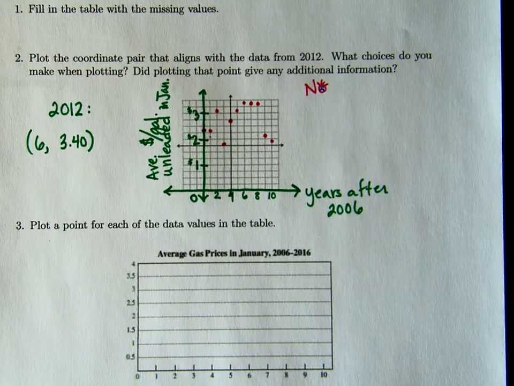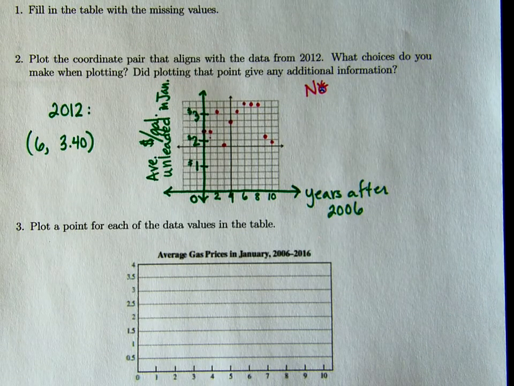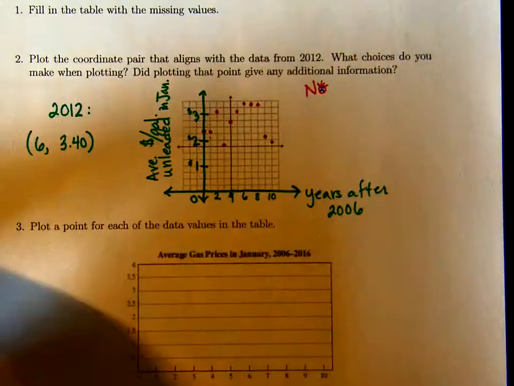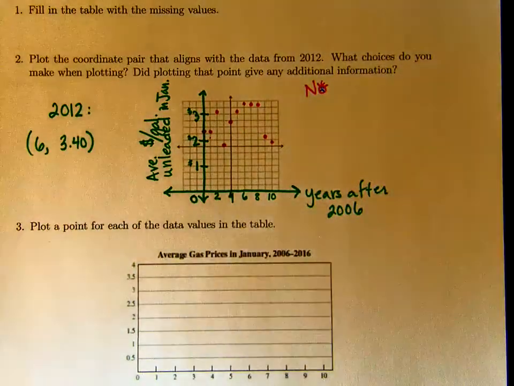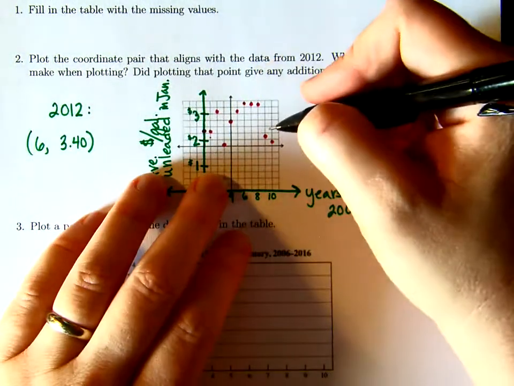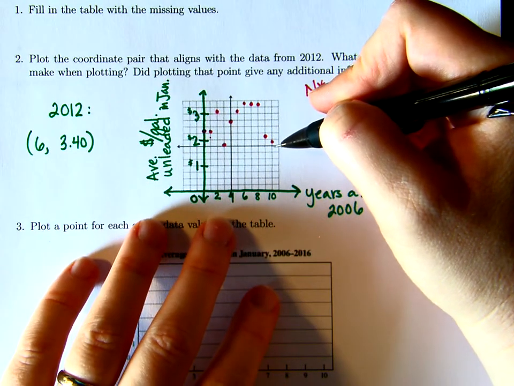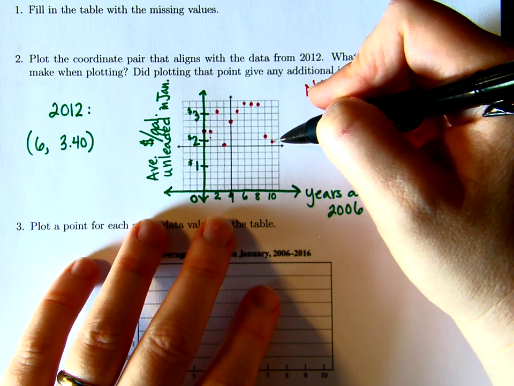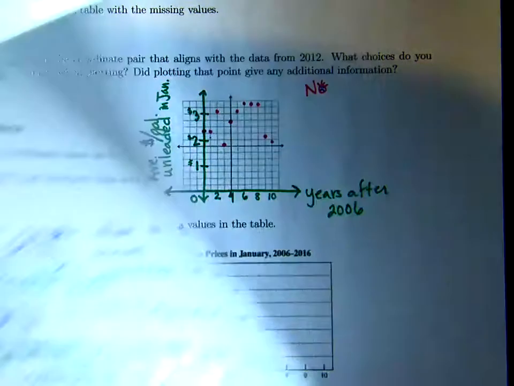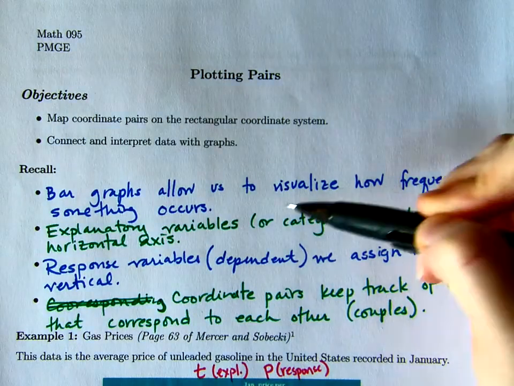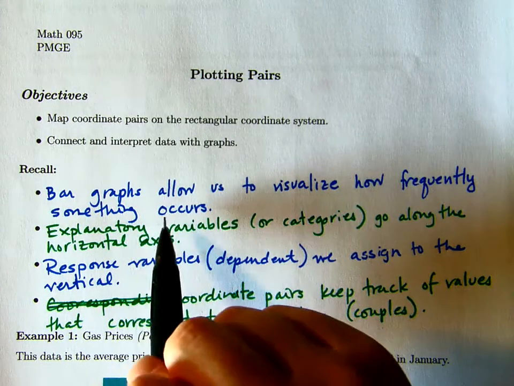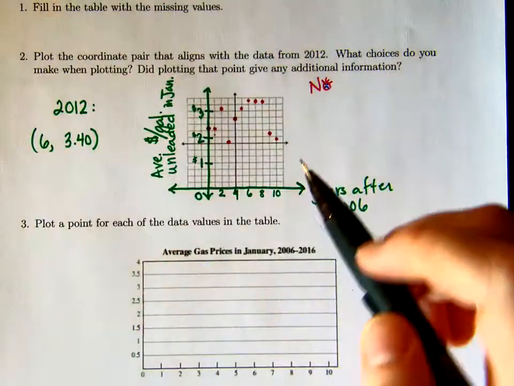I also want to mention, before I go to the next page to write my last remarks, I'll put it on here in pencil so that I can erase it. Scatter plots to me are also kind of a lazy way to do a bar graph. I had put in the recall that bar graphs allow us to visualize how frequently something occurs.